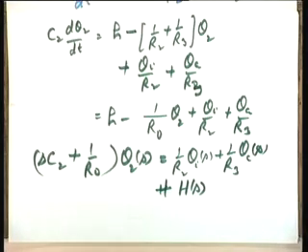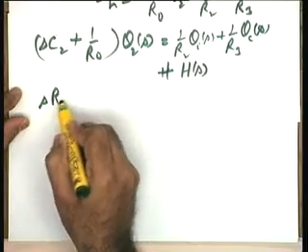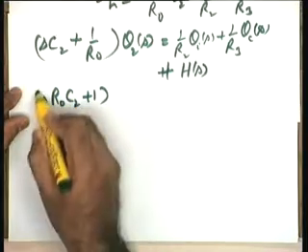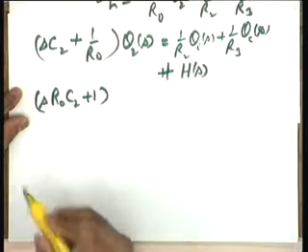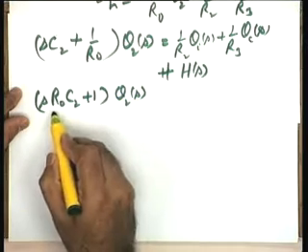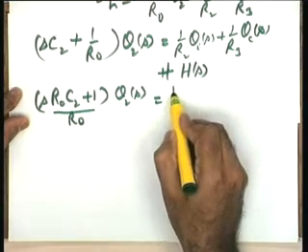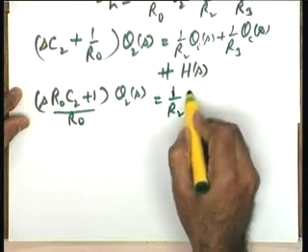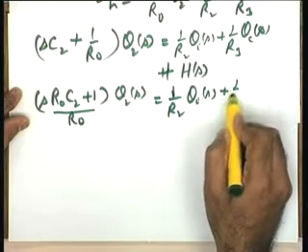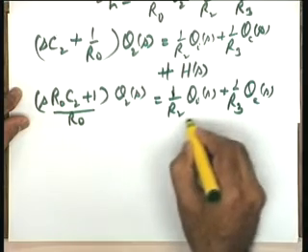This is in the Laplace domain. Now, putting this equation in this format, I write (s R0 C2 + 1) θ2(s), but let me take it divided by R0, equal to (1/R2) θi(s) + (1/R3) θa(s) + H(s).